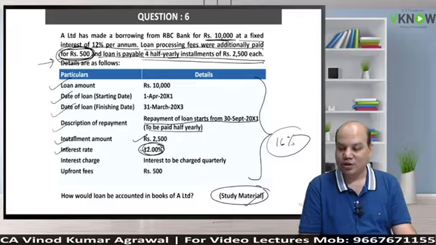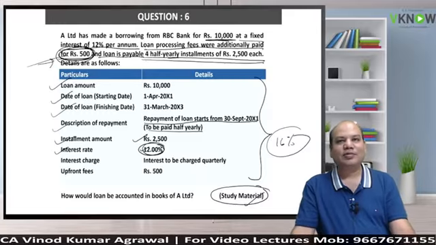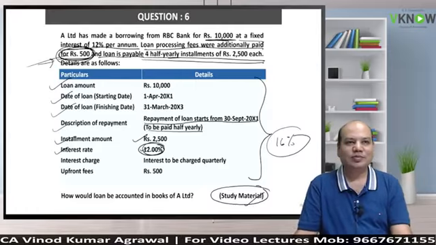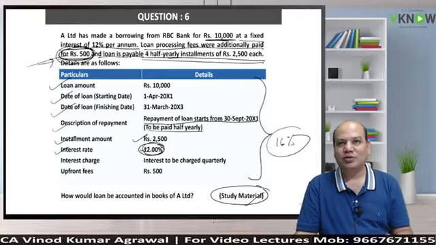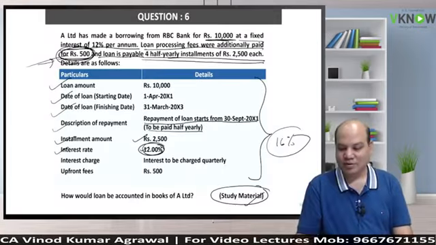If this flotation cost was not there, 10,000 received, 10,000 paid, then your EIR and coupon rate will match. But in this question, there is a 500 rupees flotation cost on 10,000 rupees, which is a big sum. So therefore, your effective cost will be much more than 12%.